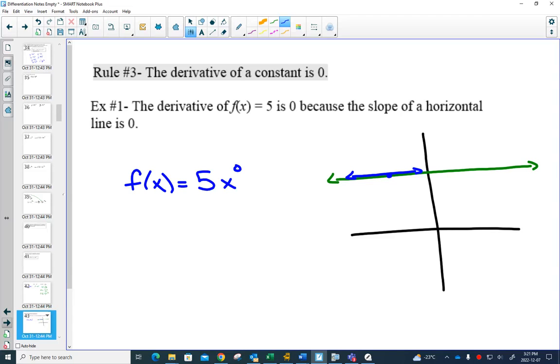Put the 0 in front. Well, 0 times 5 times x to the minus 1. Obviously, that's going to be 0. So you could use the power rule to prove the derivative of a constant is 0. You could also just use a graph.